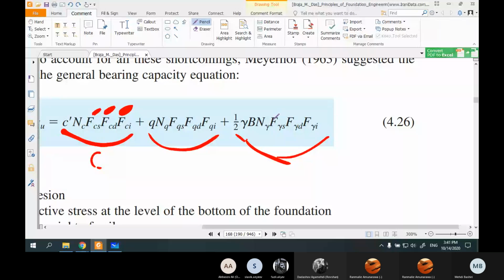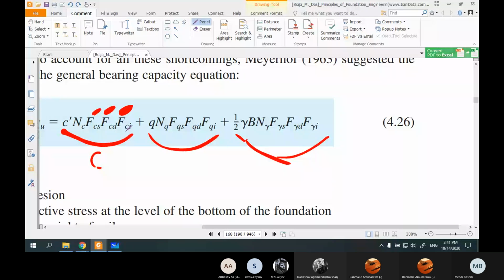By using this factor, we can consider the shape on the gamma term. Again, we have the same for depth: the effect of depth on the C term, the effect of depth on the Q term, the effect of depth on the gamma term.